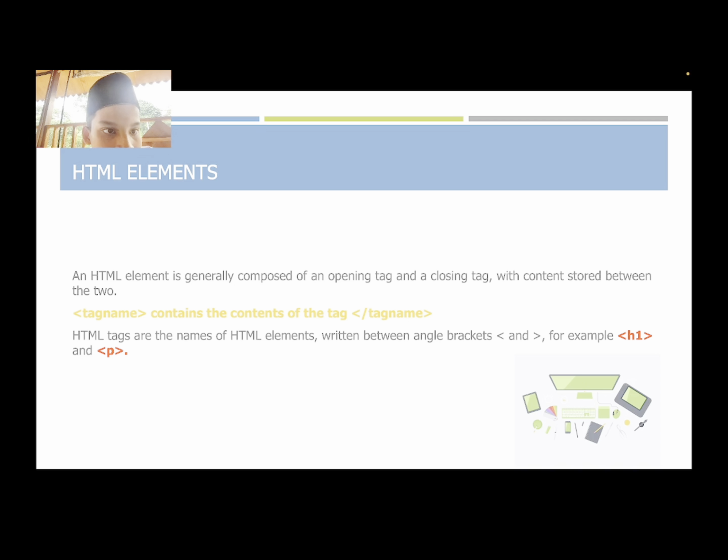Next, we go to HTML elements. An HTML element is generally composed of opening tags and closing tags, with the content stored between the two. A tag name contains the contents of the tag. This is the closing tag, the name. Wait, I will show you.